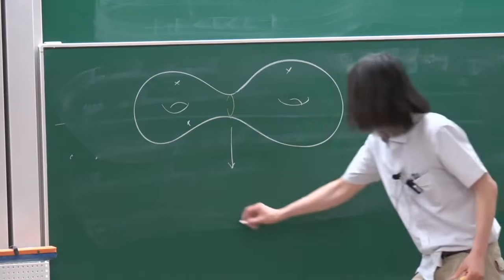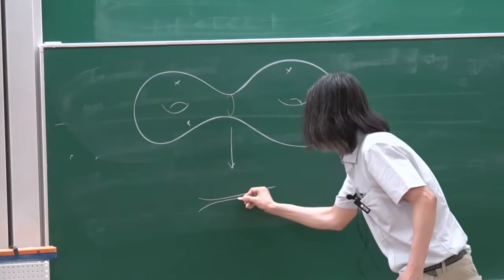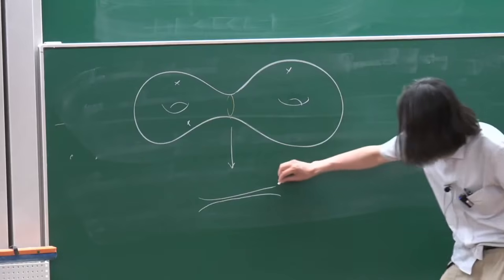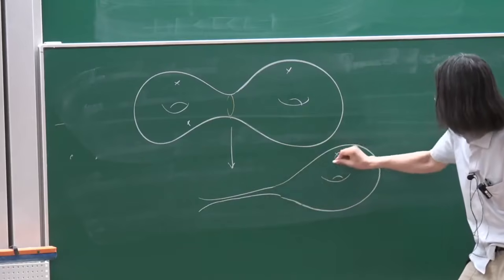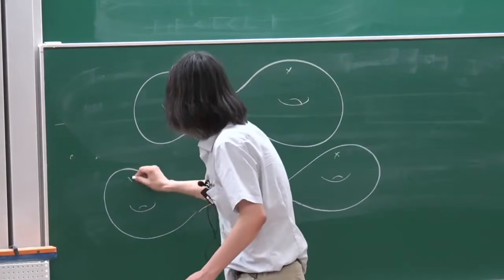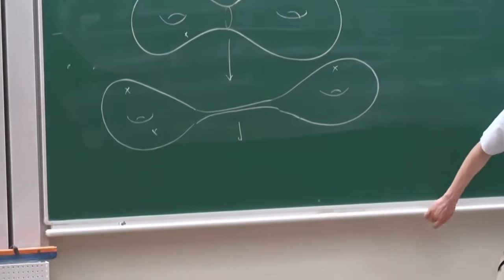In such a case, because of this hyperbolic structure, it actually develops thinness, and so it gets like this. And in the end, it decomposes into two.